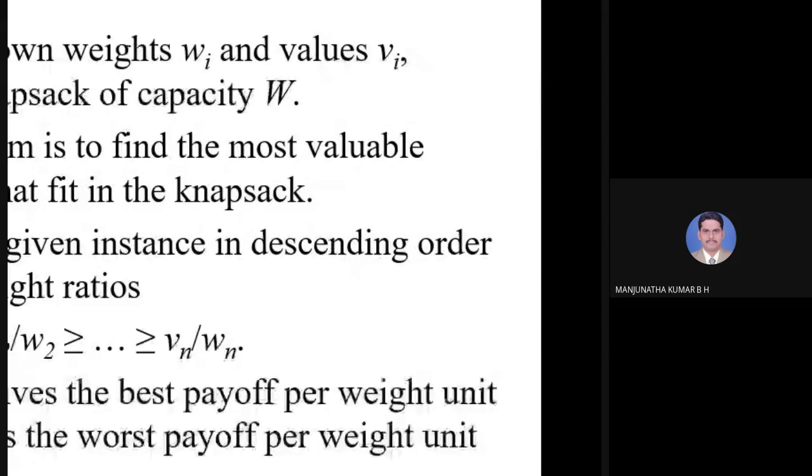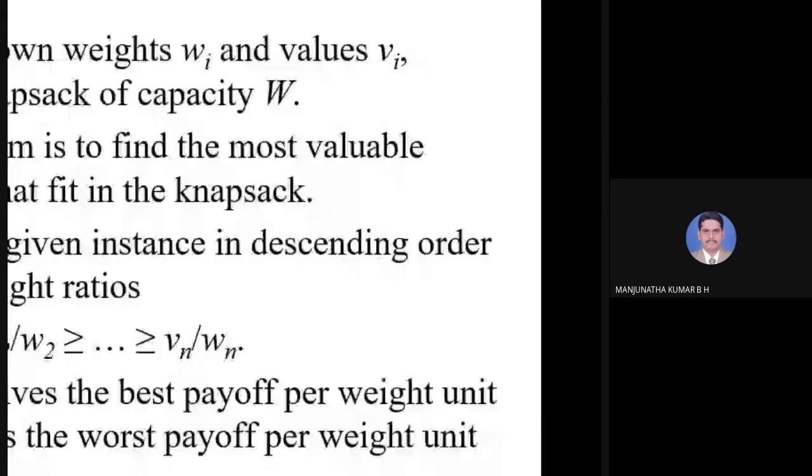Then we pick the very first item, which gives the best payoff per weight unit, that is, the maximum value to weight ratio. That item is selected first.